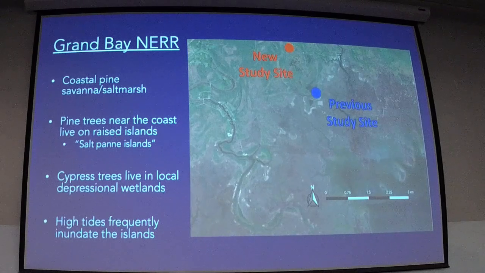A lot of the closest trees to the coast here are pine trees, but as we move inland just a short ways, we start to get into some depressional wetlands where pine trees can't grow very well, but cypress trees thrive. Some tides do inundate coastal areas here, but for the most part, the only salt water that makes it up to these cypress trees is likely storm surge.